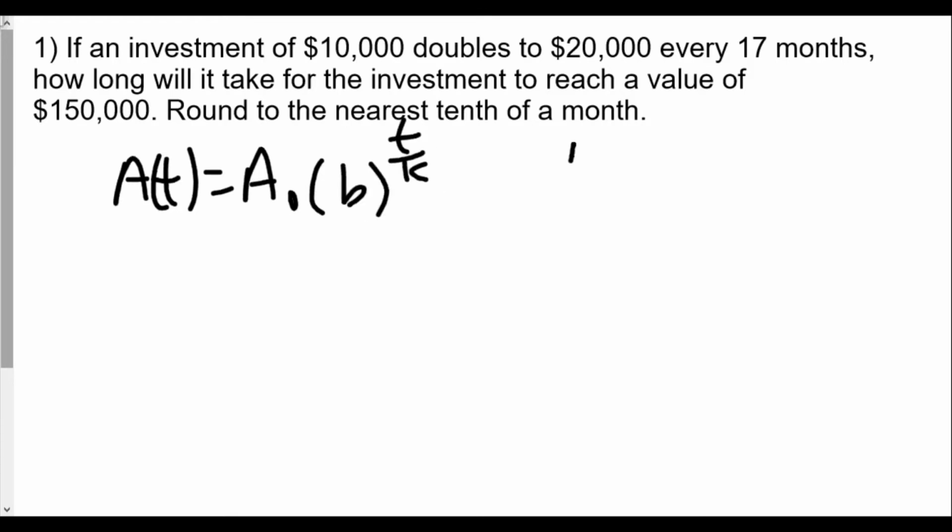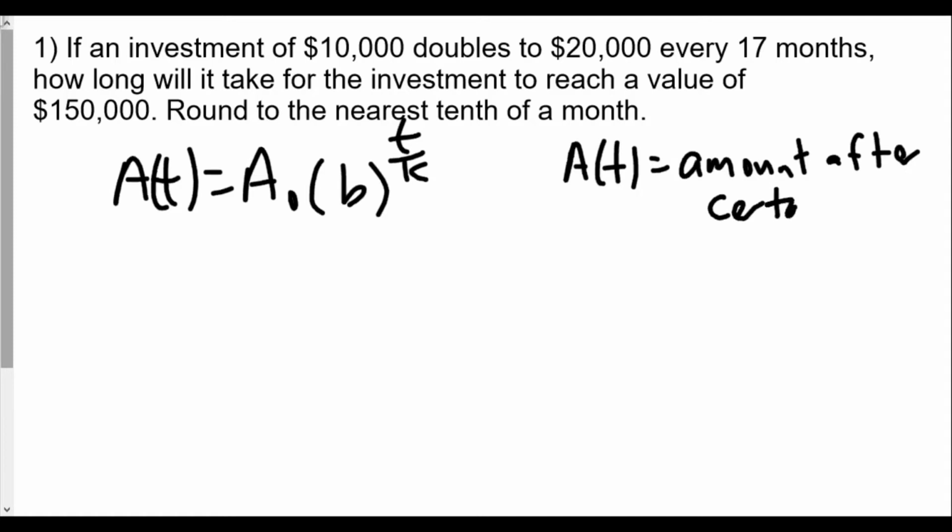We know in this case A of t is the amount after a certain time. A sub 0 is equal to our initial value.